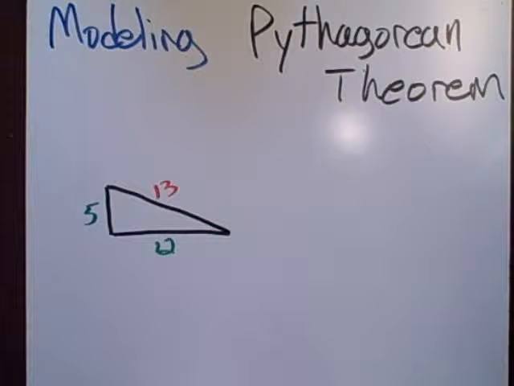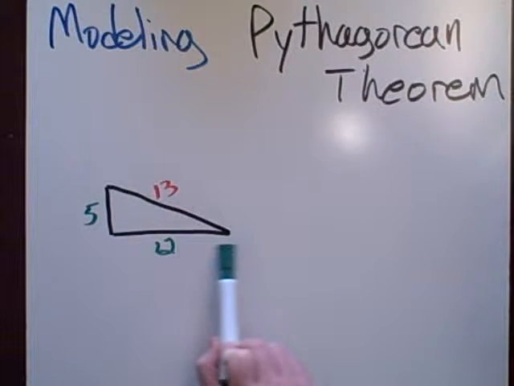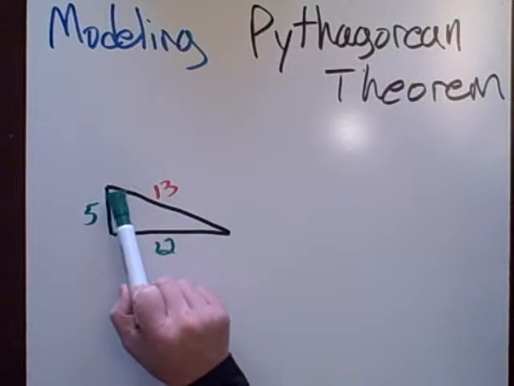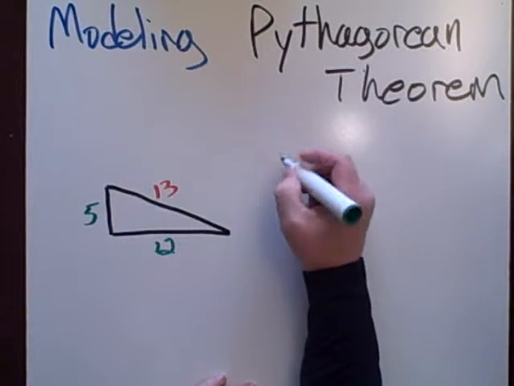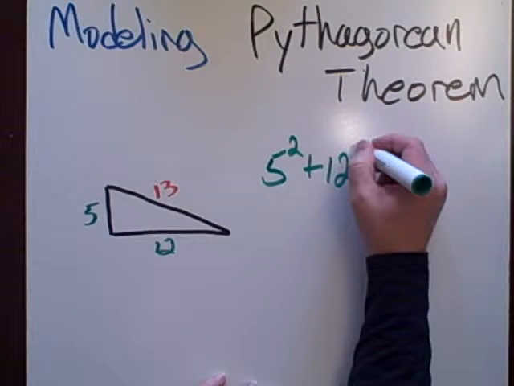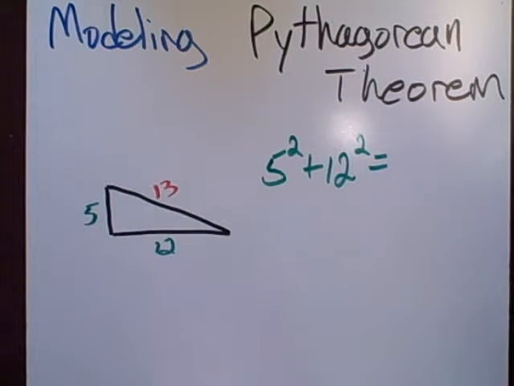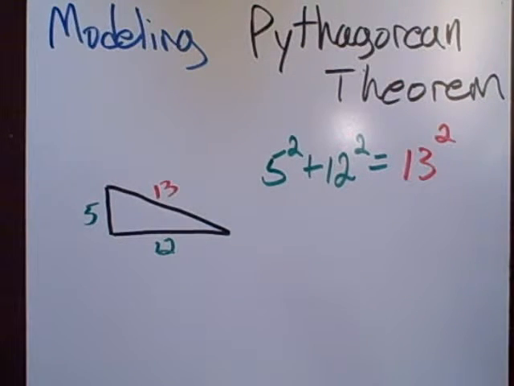Let's look at another example. This is a triangle where one side measures 5 units, the other one measures 12, and the diagonal, or the hypotenuse, measures 13. Again, same formula, 5 squared plus 12 squared equals, and our hypotenuse is 13 squared.